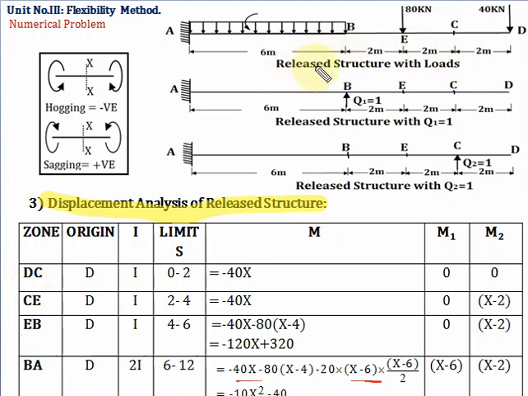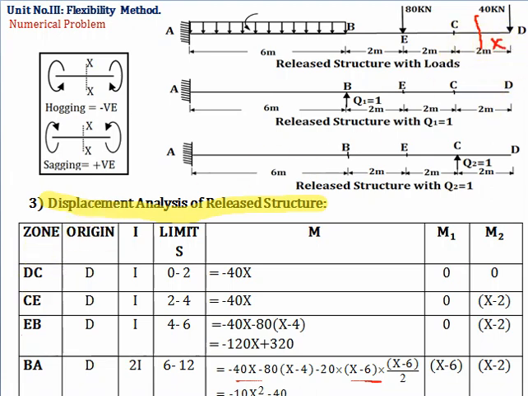Now here we will consider the first zone, that is DC. M is nothing but bending moment in the release structure with load. Now here we will consider the X in portion CD. Our first zone is DC.